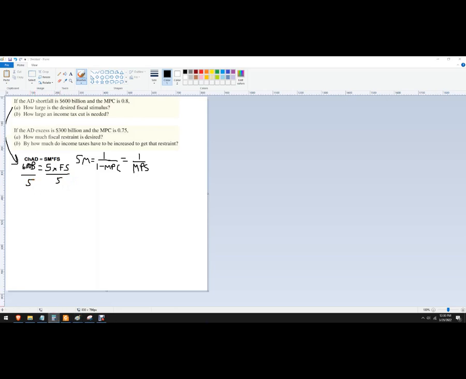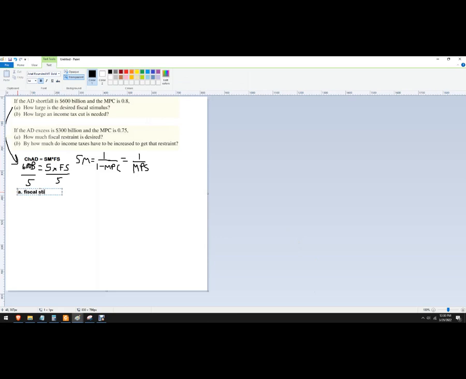And 600 over 5 is $120 billion. So the first answer for A, fiscal stimulus equals $120 billion. That's how much we need to inject into the economy to get that.